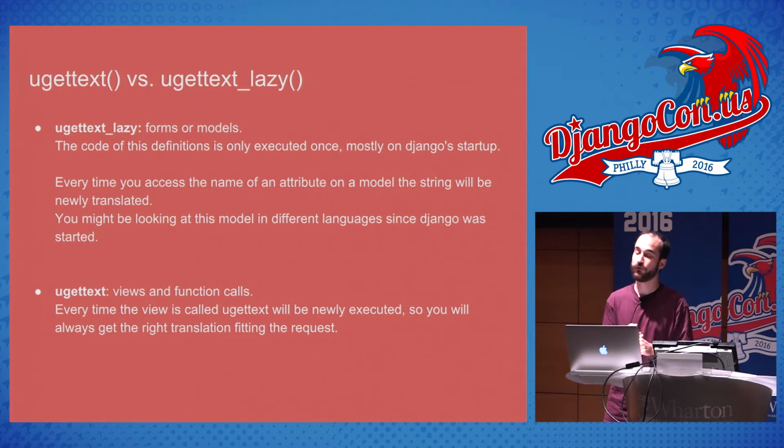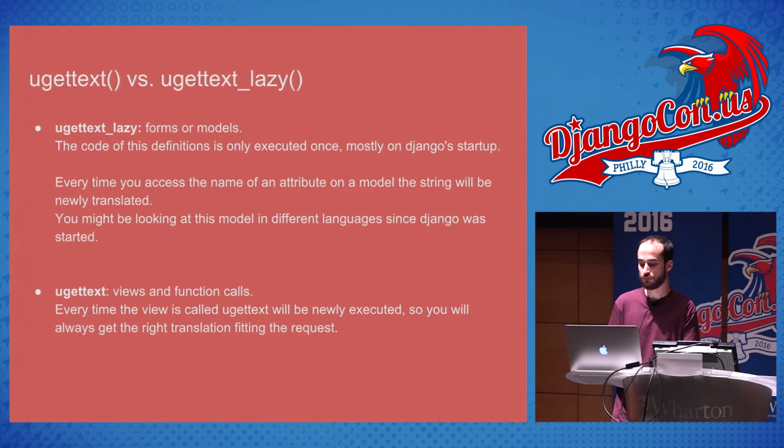So the lazy one is mainly for forms or models. The code of these definitions is only executed once, mostly on Django startup. And every time you access the name of the attributes on a model, the string will be newly translated.